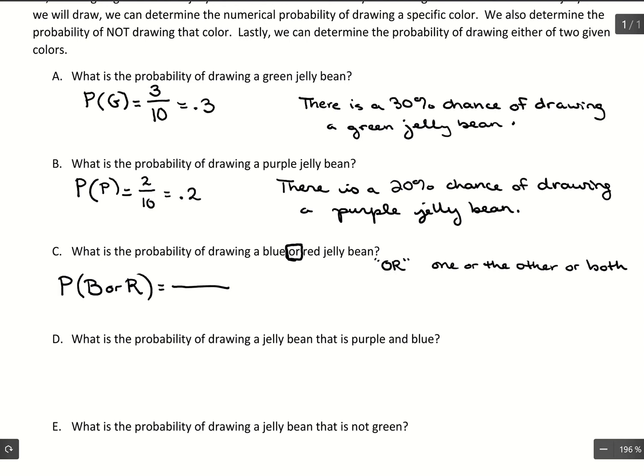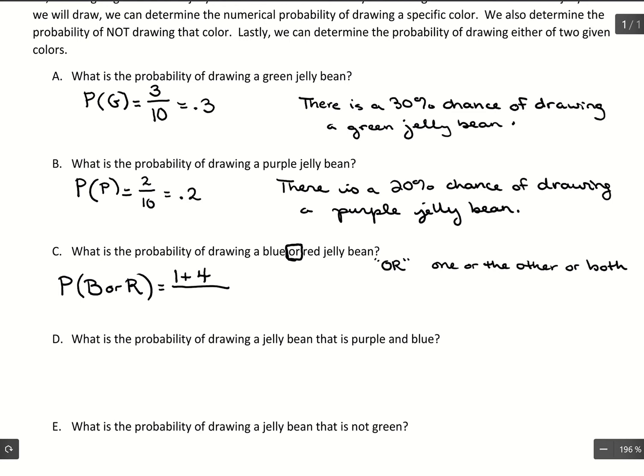So we have 1 blue jelly bean, and then to combine with the red jelly beans, we add it with the 4 red jelly beans. And then we would add on which are both. However, we don't have any cases of drawing a jelly bean and it's blue and red at the same time. So we just have 1 plus 4.